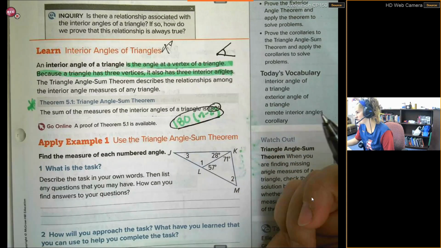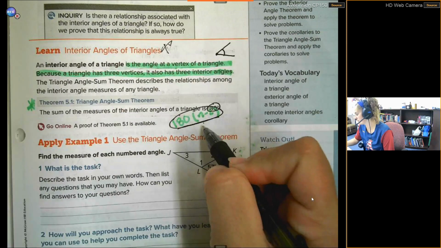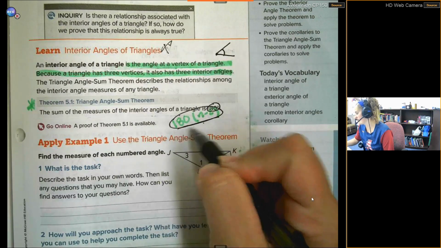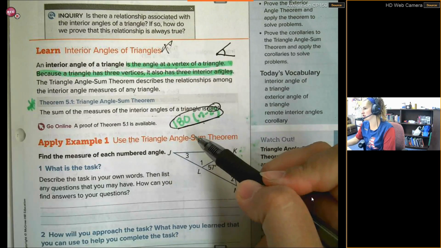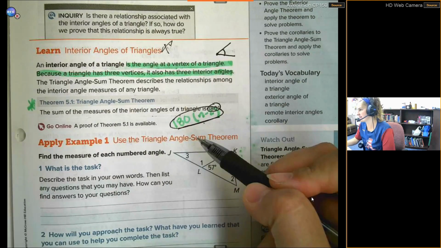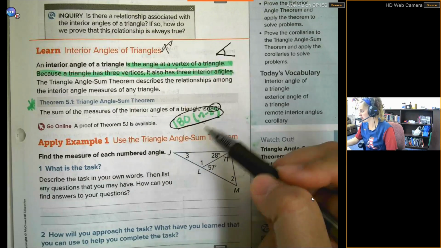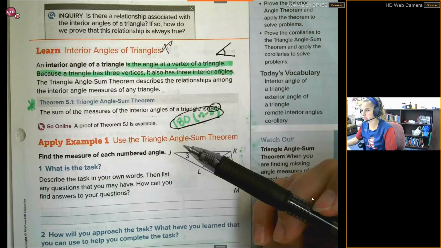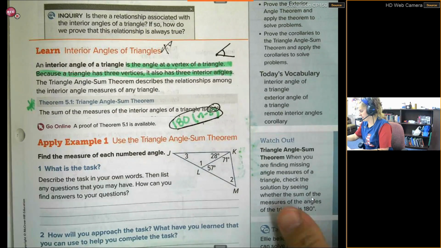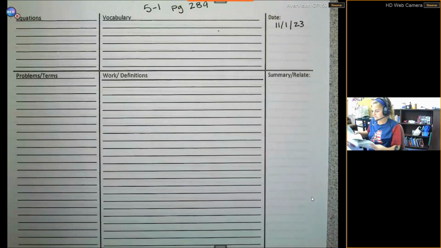So if you had a shape with 6 sides, you would plug 6 in for n. So you'd have 180 times 6 minus 2, so 180 times 4. And that's how many degrees are inside that shape. So in our case, a triangle adds up to 180. You guys have already known this. But let's put this in our notes in green at the top.